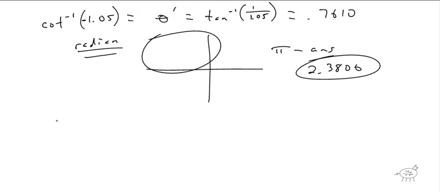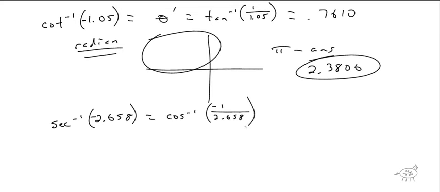I mean, I can type in inverse secant of 2.658. Well, we'll make it negative. And so you're literally going to type in the inverse cosine of negative 1 over 2.658. Because remember, guys, these are just ratios.